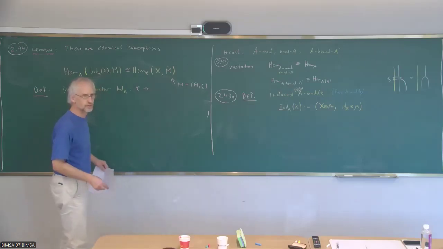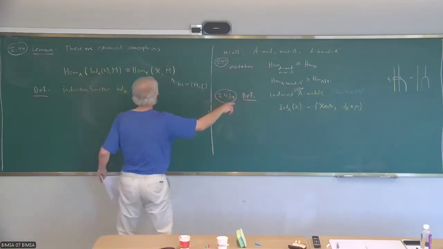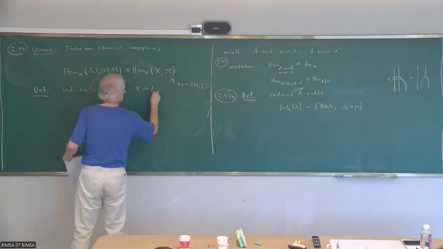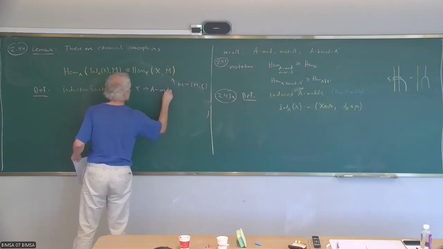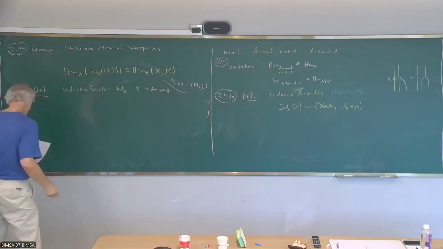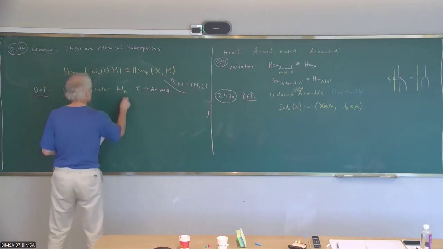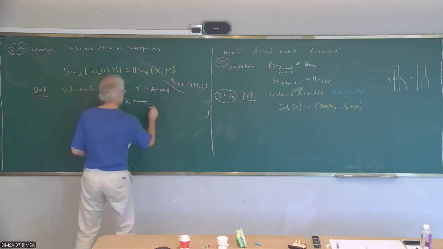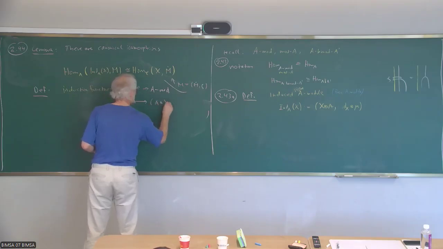I wrote it for left modules now. So I should have given left modules here. Yeah. This goes to A-mod, and which of course sends X to an induced module.